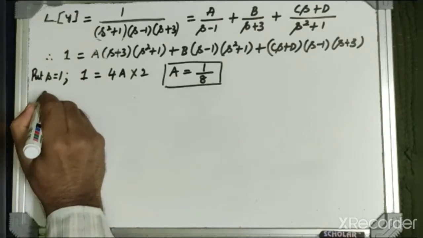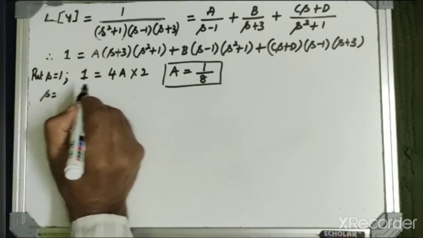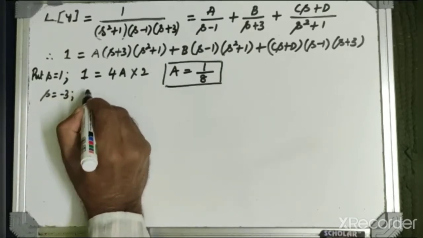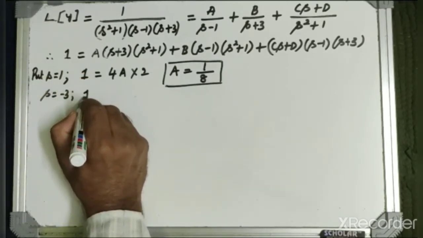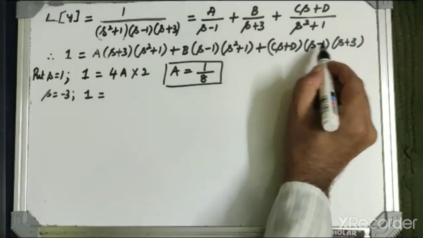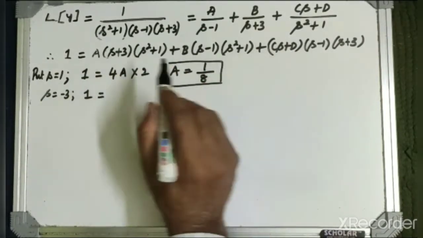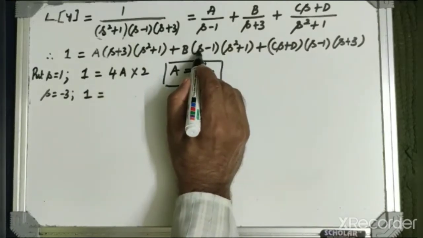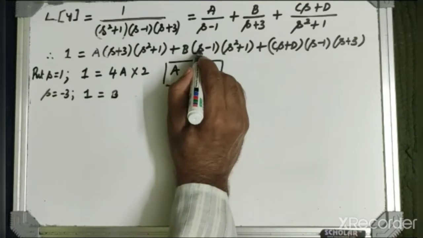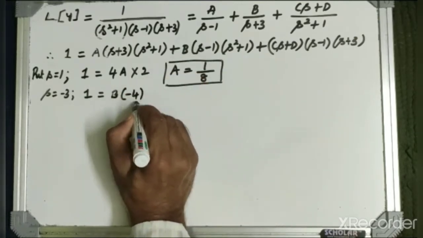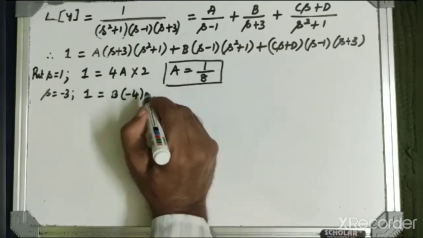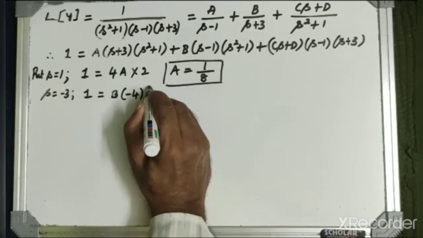Similarly, if you substitute S equal to the next value, minus 3, what will happen? On the left hand side it is 1. On the right hand side, S equal to minus 3 means the first and third terms are 0. So if you substitute S equal to minus 3, B into (minus 3 minus 1), minus 4, minus 3 whole square is 9, 9 plus 1 is 10, into 10.